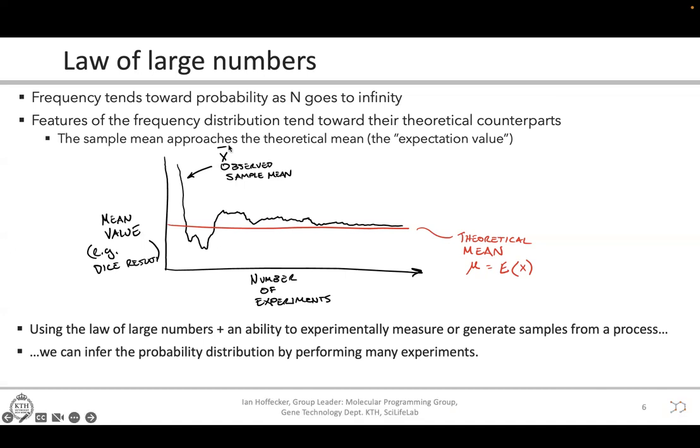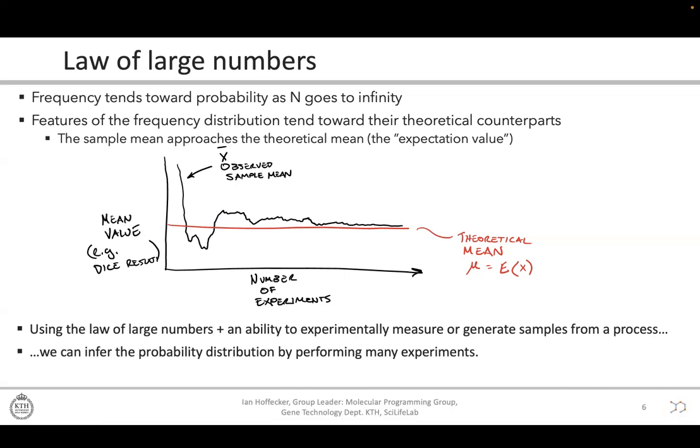And then we can just compare that. So as we sample more data, we perform more experiments, and each time we take the sample mean, we will see that the larger our sample is, the closer this observed mean is going to be towards that theoretical one. And so this is called the law of large numbers.